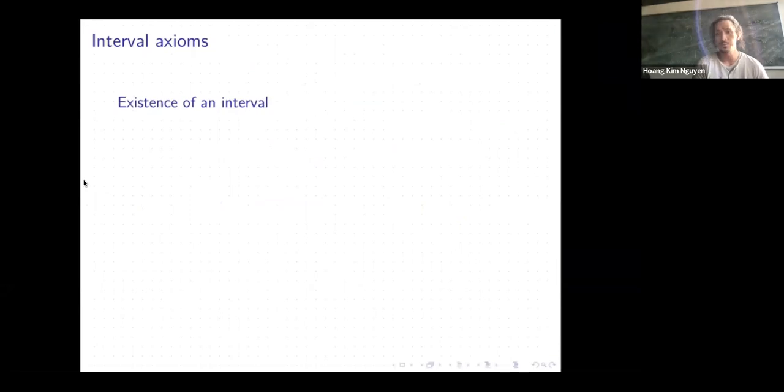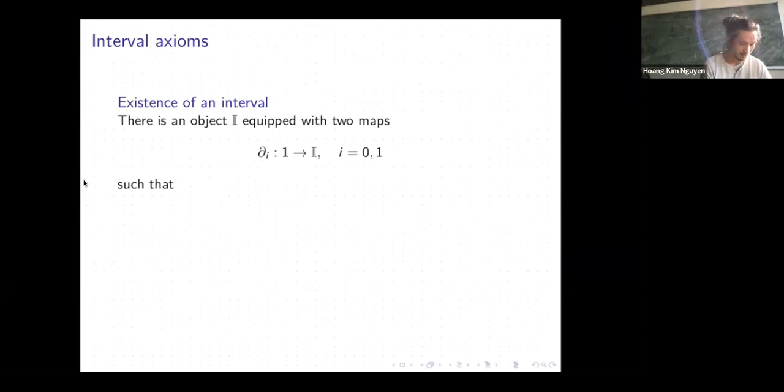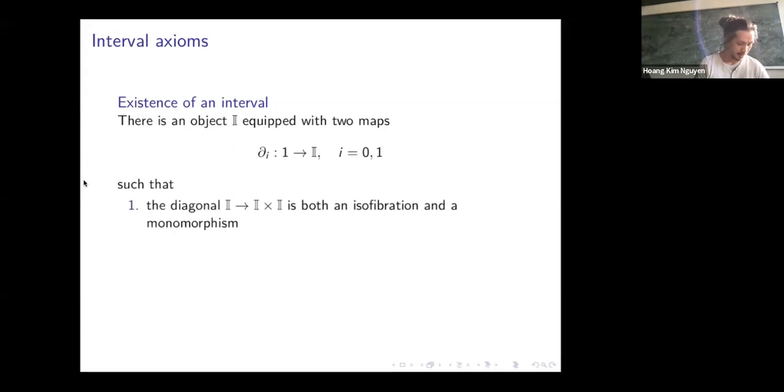So we want to assume that an interval exists, which is supposed to be an object denoted here with blackboard bold I, and it comes with 2 maps, which one can think of as the inclusion of the endpoints of the interval, such that the diagonal is both an isofibration and a homotopy monomorphism.